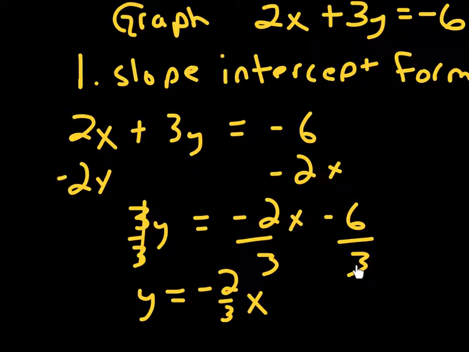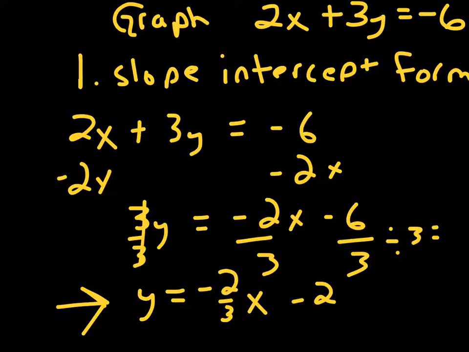You can divide both of those by 3, and you will get negative 2 over 1, or just a negative 2. So now we're in slope-intercept form, which is what we want to do.